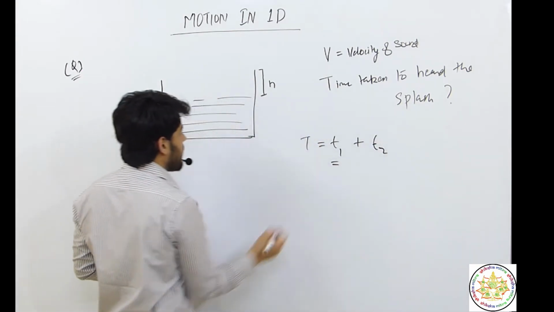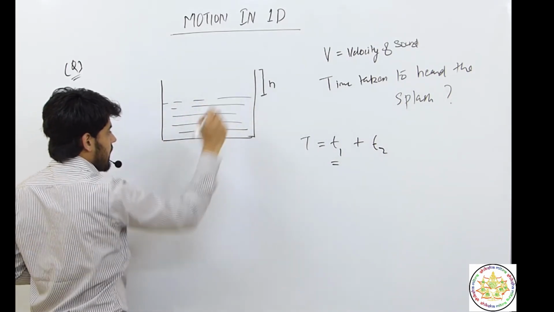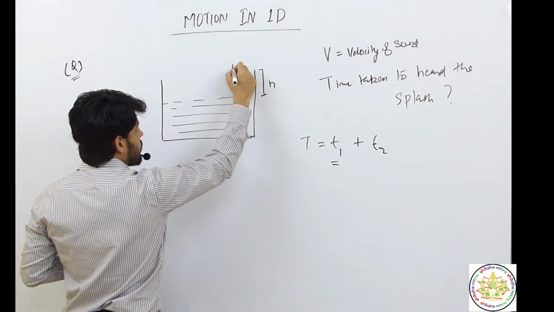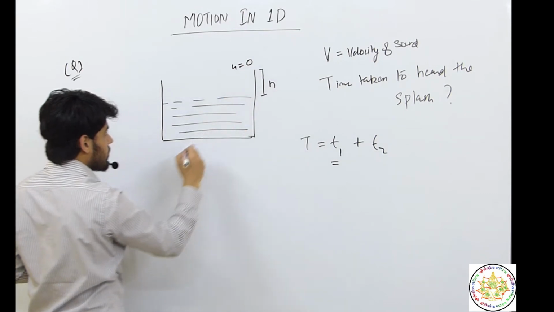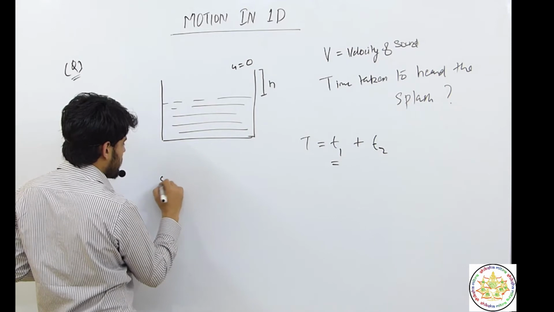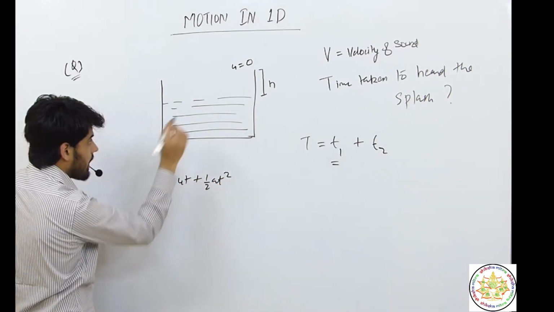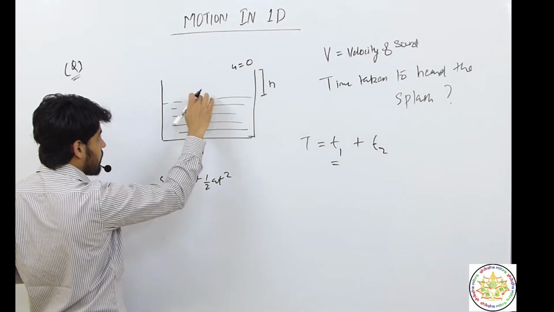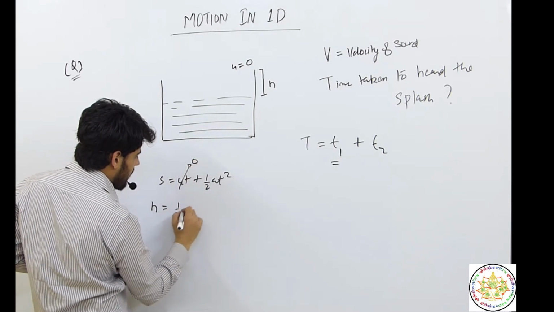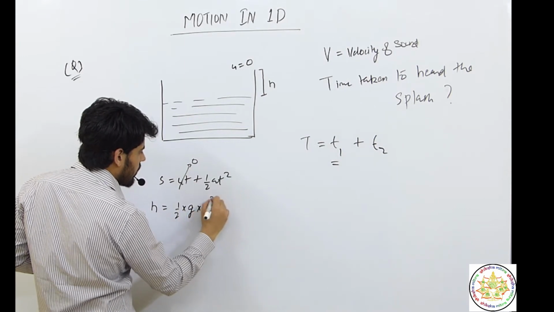First we have to find the time taken by the stone to reach the splash. T2 I'll explain later. For t1, the height h is given, so we will use initial velocity is, it has been dropped, so initial velocity is 0. So the time taken, we use s is equal to ut plus half at square. s is h, the height of the top of the level from the well. u is 0 because it has been dropped, half into a, which is g due to gravity, into t square.